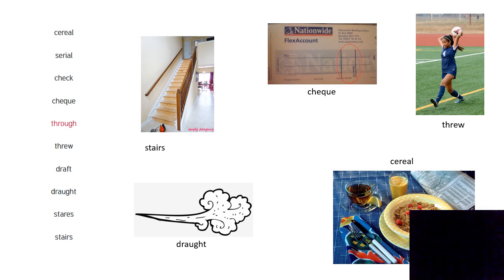That's hard. Your task today is to write every single word and draw a little picture next to it. If it's really hard to think of a drawing, you could write what it means. So I've put a few pictures to help you.